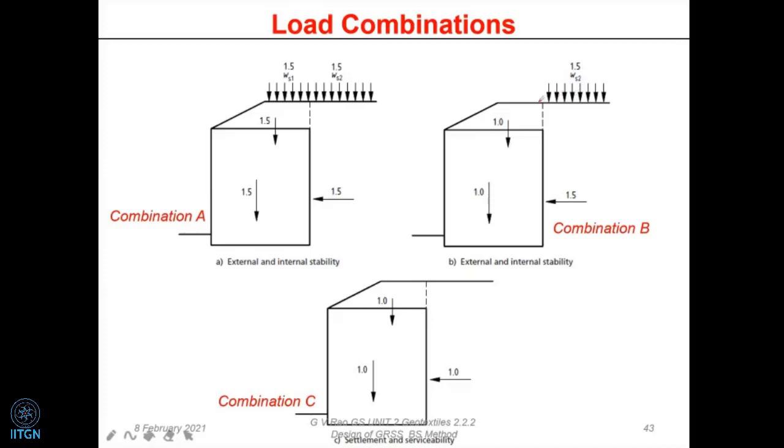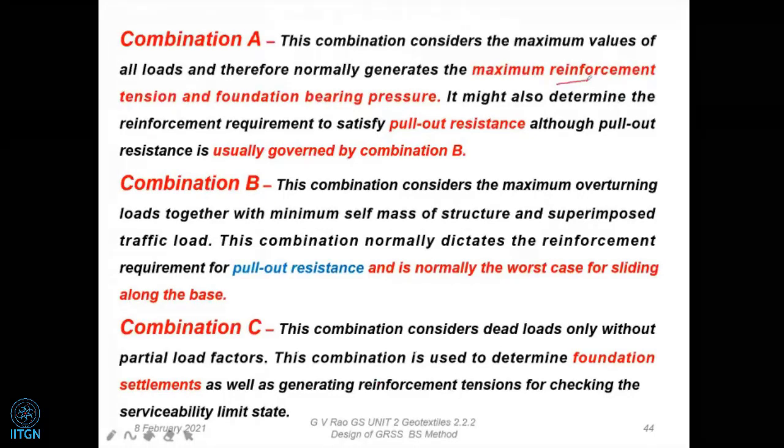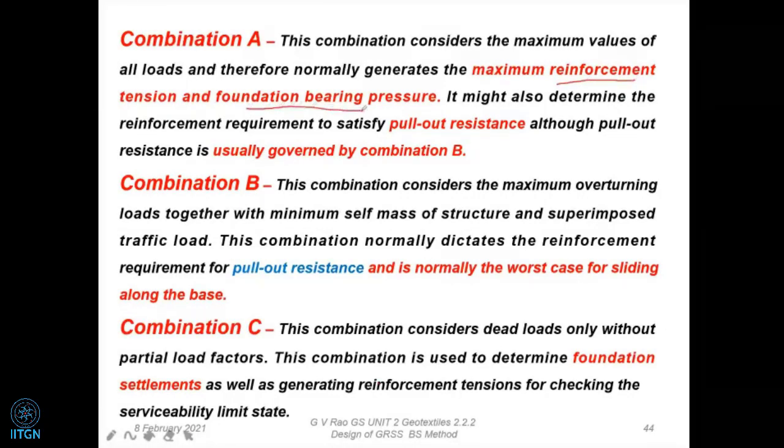But this one, away from the so-called failure zone, is taken as 1.5, and also the earth pressure, which is trying to cause the overturning, is taken as 1.5 times. In the last combination, of course, there are no increments. All of them are taken at whatever value you are going to get. So it's worth remembering that Combination A is going to give you the maximum reinforcement tension, and it's also going to give the maximum foundation bearing pressure.